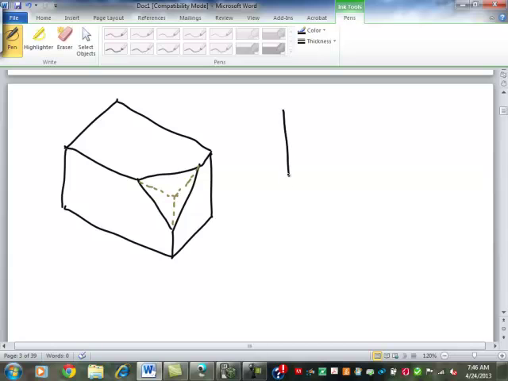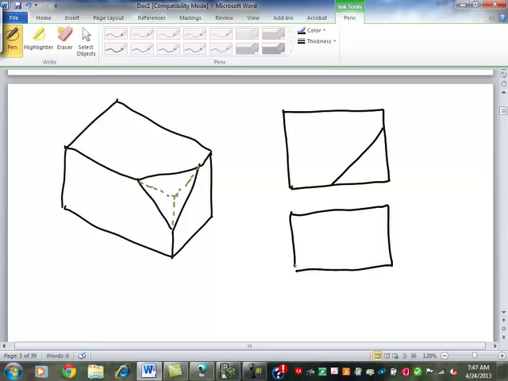But again, we're looking at a top view, something like that, a front view like that, and an end view similar to that.